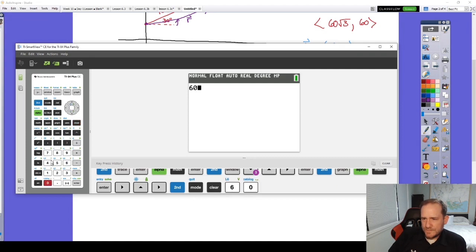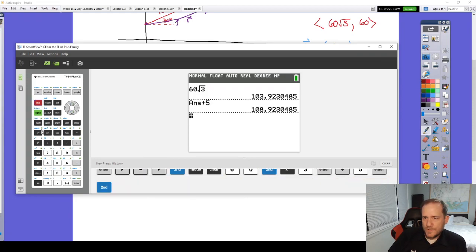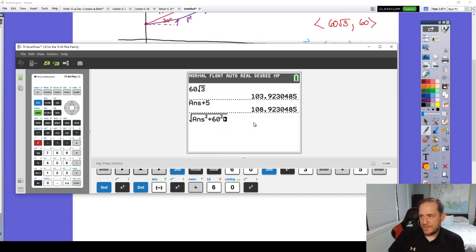Let's do the 60 root 3. Enter. And then we'll add 5 to that. Enter. And then we'll go under a radical, and we'll take that answer and square it, and add to that 60 squared. And there it is. That's my horizontal component squared plus my vertical component squared.